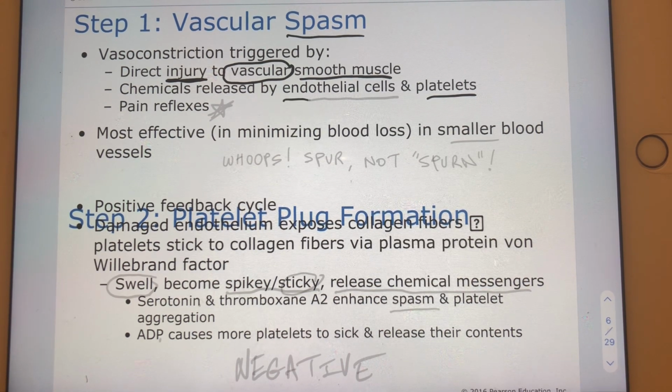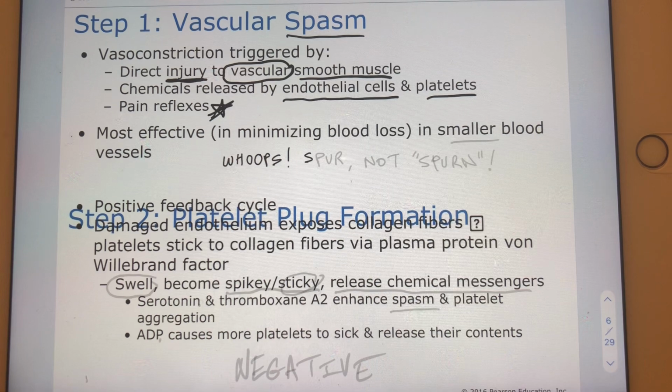But there are also chemicals that are released by damaged endothelial cells, the lining of the vessels, and all of these chemicals help to spur the rest of the hemostatic process, as well as help to exacerbate our sense of pain, so that we can become aware if that injury is occurring and therefore stop the injury, which doesn't mean repair the injury, just stop the source of damage.